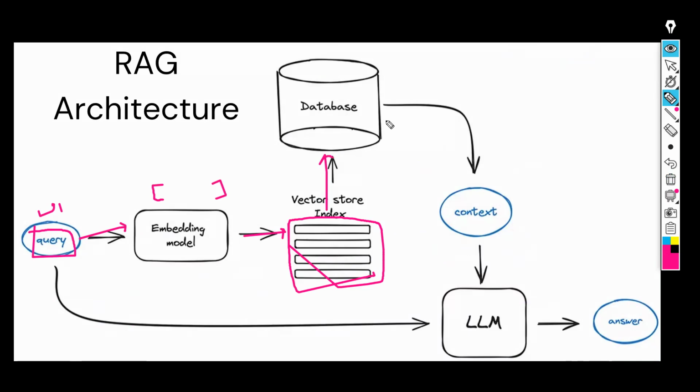After that, a search is run on the vector database. After searching, the context is returned as numbers, and these numbers are passed into LLM models like ChatGPT, Gemini, Llama, Claude, and based on that, the LLM returns our answer.